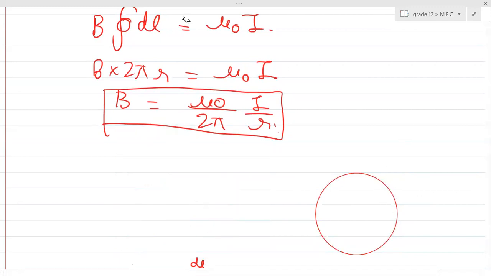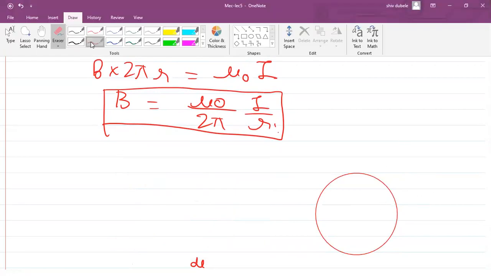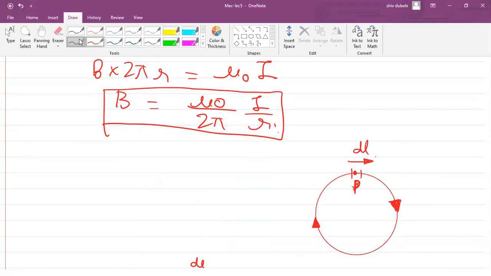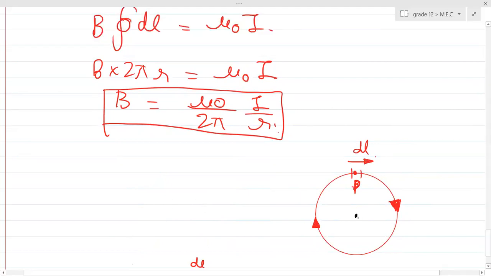See guys, if the direction of the loop would have been clockwise, from the top view it would look like this. If at any particular point P I choose this, then the dl vector will be like this. But what was the direction of current? Current was like this.